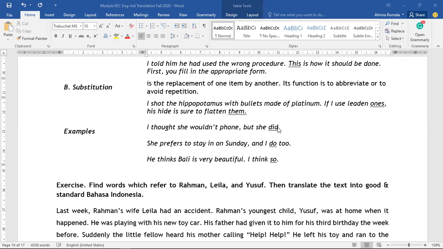So "did" here is actually substituting the word "phoned." "I thought she wouldn't phone, but she phoned." So "did" is actually "phoned," right? "She did phone me." So guys, in Bahasa Indonesia you can use this strategy also to avoid repetition.